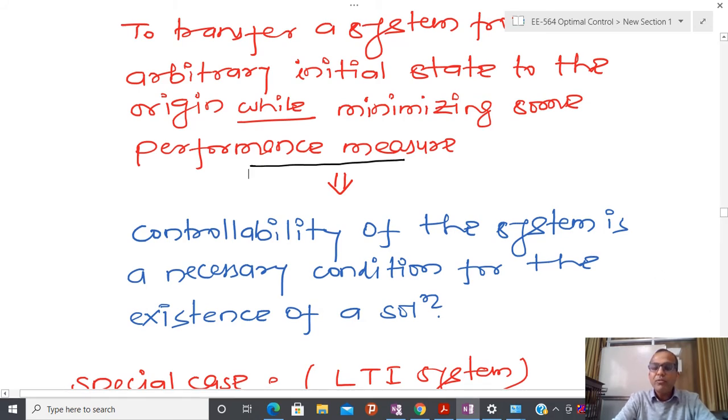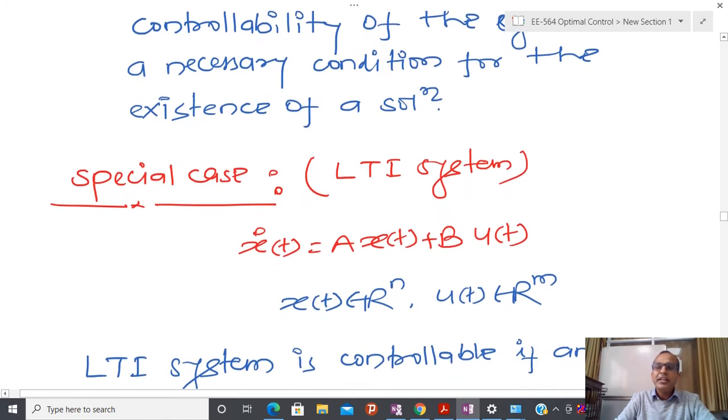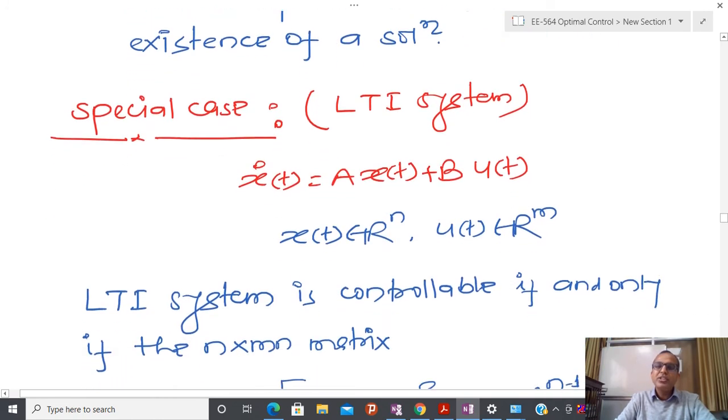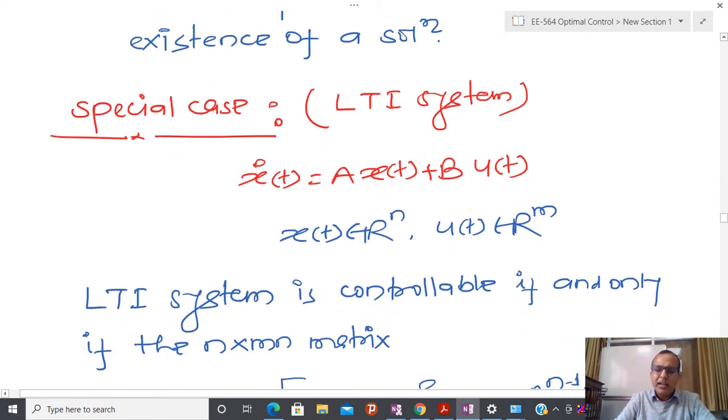The controllability of a nonlinear system is a little bit difficult. In terms of necessary and sufficient conditions, it is very difficult to extend to a general class of systems. But at least for linear time invariant systems, we have a clear-cut condition that is necessary and sufficient.